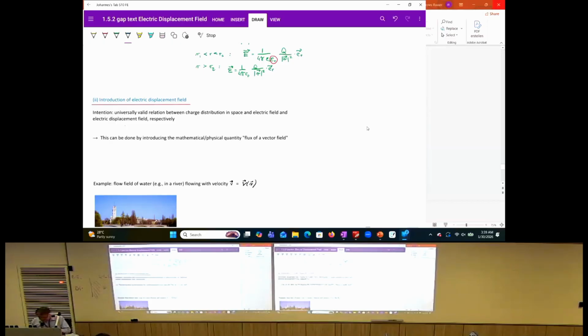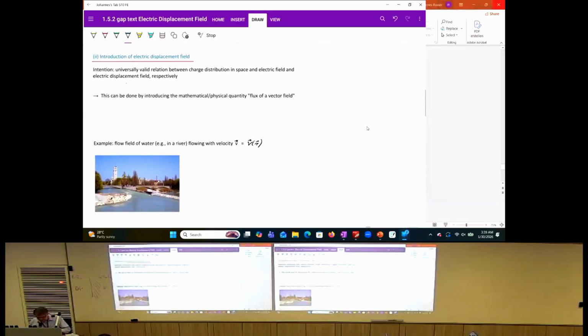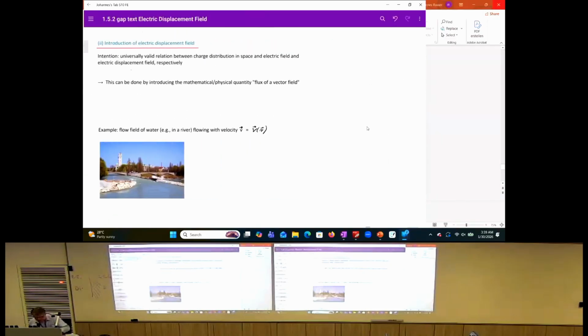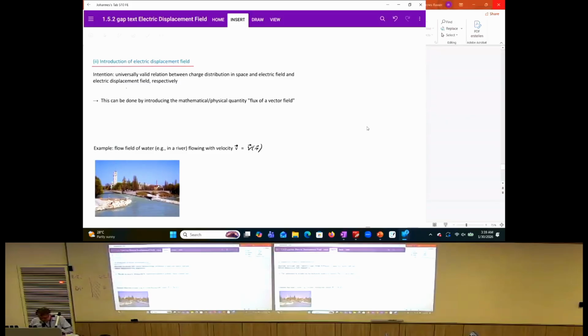And if you integrate that, that gives you information, in particular here for our displacement, about the sources that are responsible for this flux. So let's look at flux integrals.